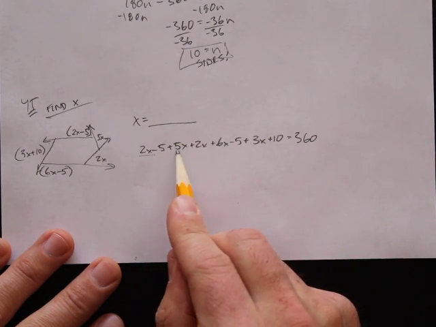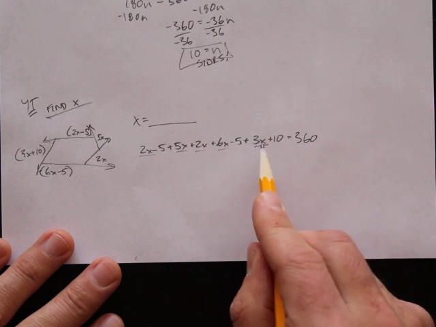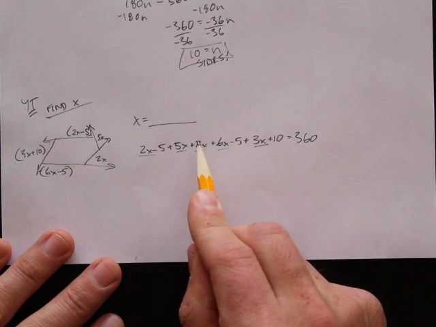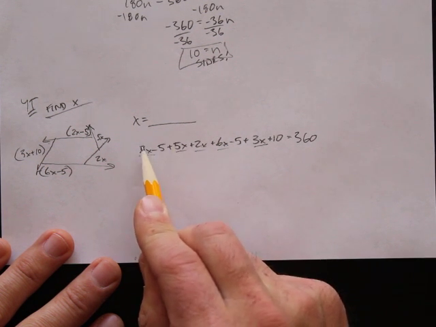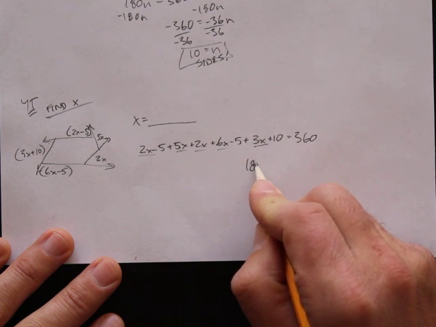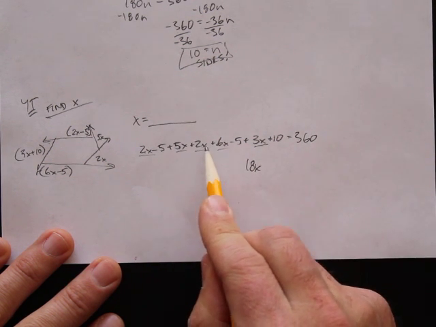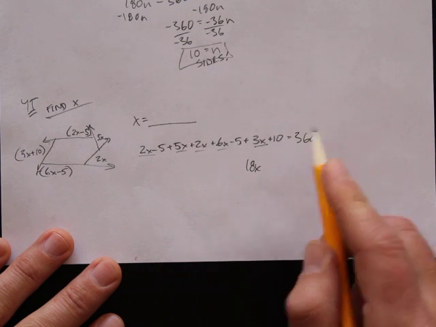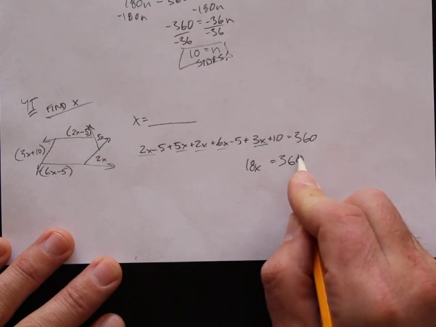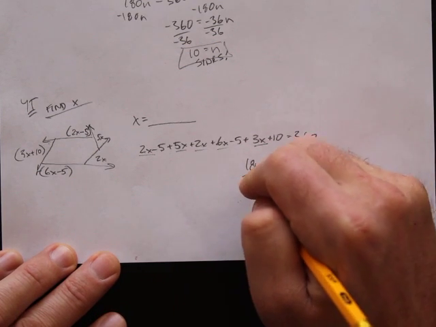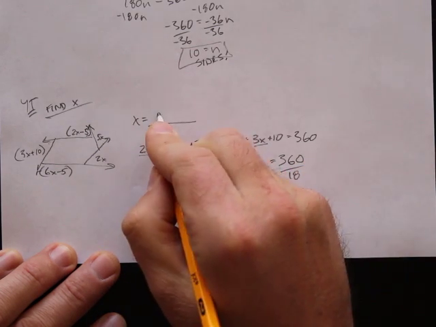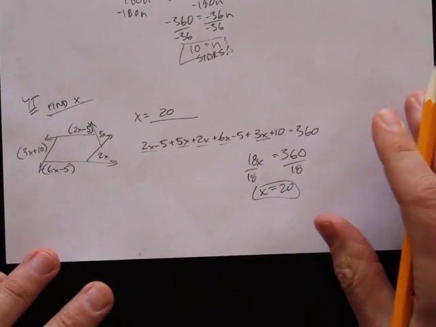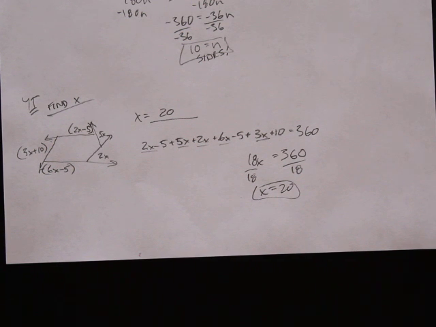All right, combine like terms. 3x plus 6x is 9x, plus 2x is 11x, plus 5x is 16x, plus 2x is 18x. Negative 5 minus 5 is negative 10, plus 10 is 0. 18x equals 360, divide by 18, x equals 20. All right, and that is the first section of Chapter 6, Geometry.